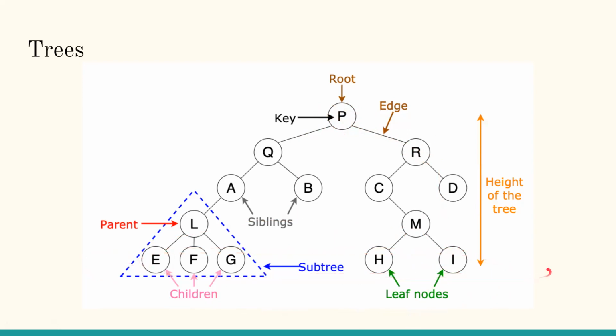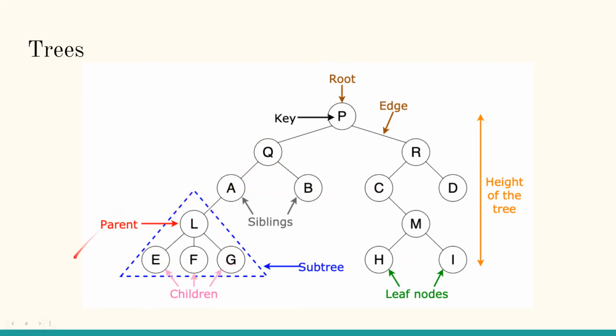They're basically childless. They're not a parent to anyone. And then these are just nodes. From P to E to G, H, I, these are all nodes individually. You can also have siblings, we're working like a family tree here.